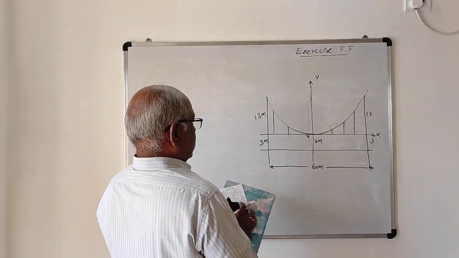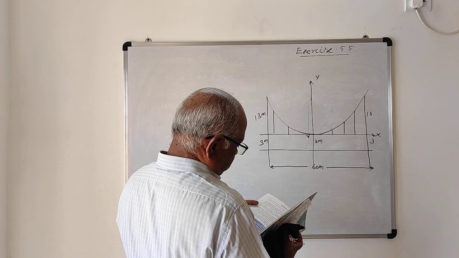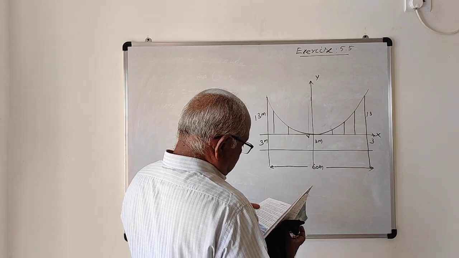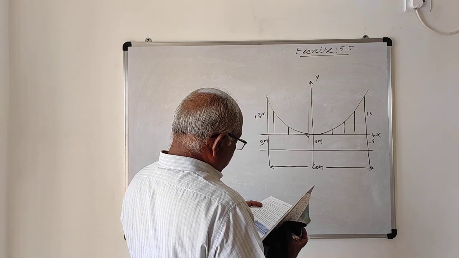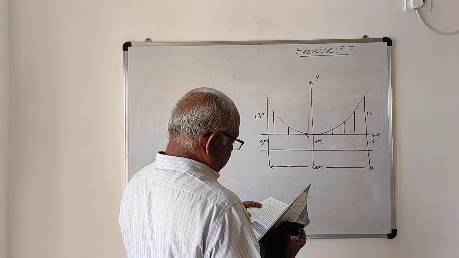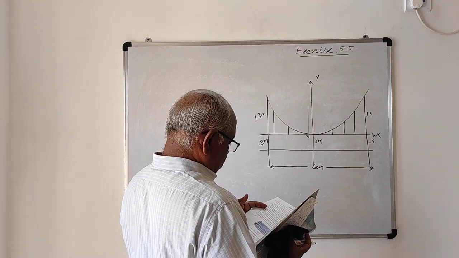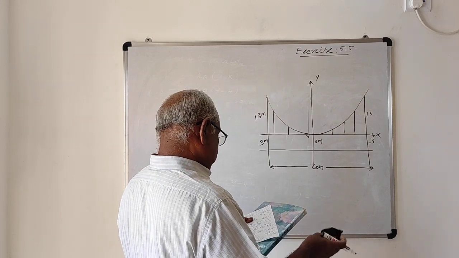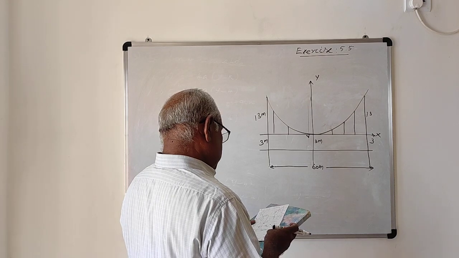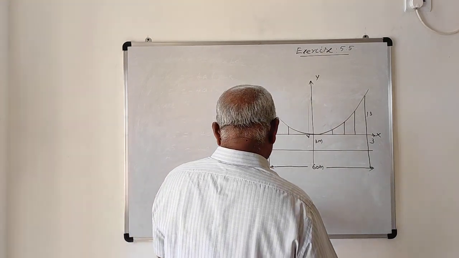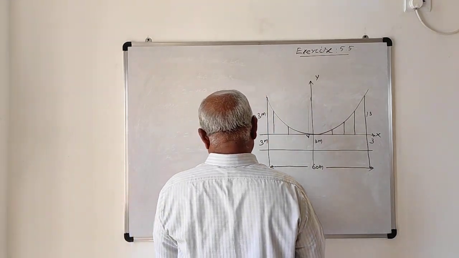Okay. Now they are asking to find out the first two. Calculate the lengths of the first two of these vertical cables from the vertex. The heights of the first two cables are to be determined.